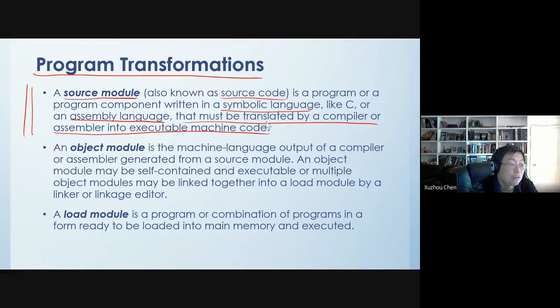So you need to translate this language into the language that the computer can understand, and the memory can be used to load. So then you need a compiler. For the high-level language, you need a compiler. For assembly language, you need something called an assembler to translate these languages into something called executable machine code.